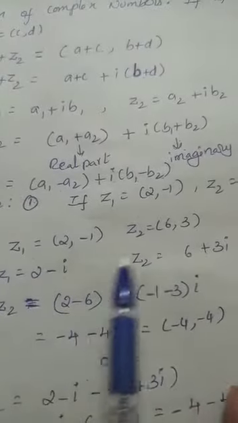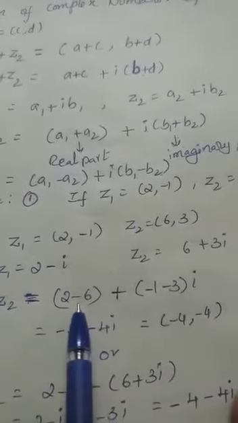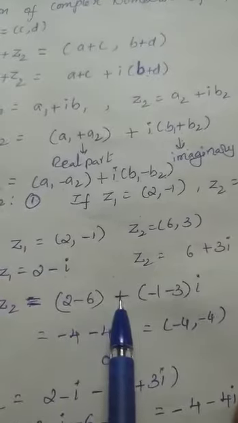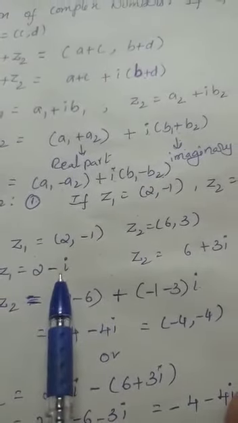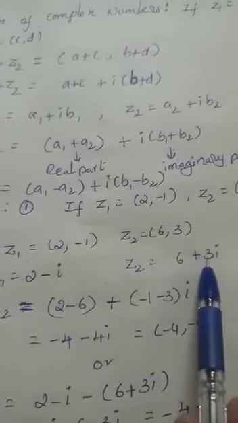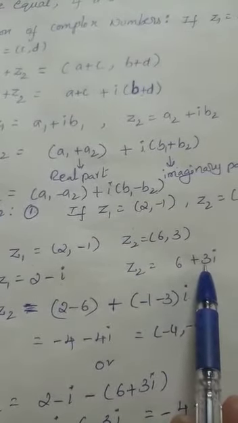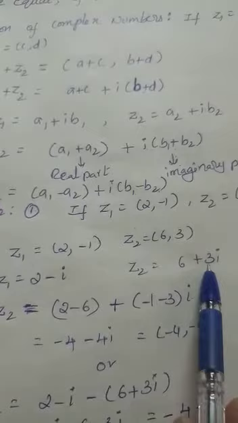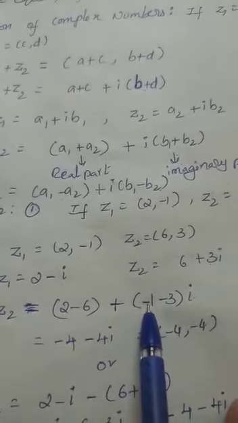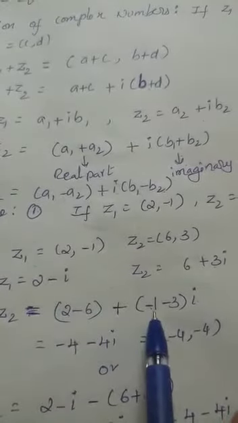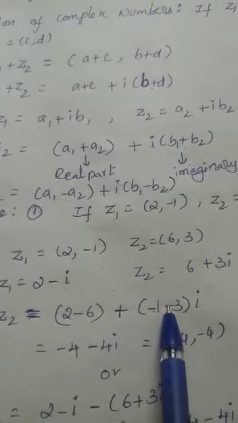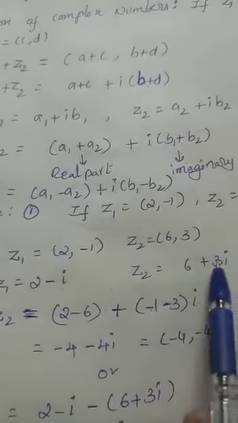So 2 minus 6, subtract real parts, plus i into imaginary parts. Here first part is minus 1 and in the formula here minus is there and second part is 3.